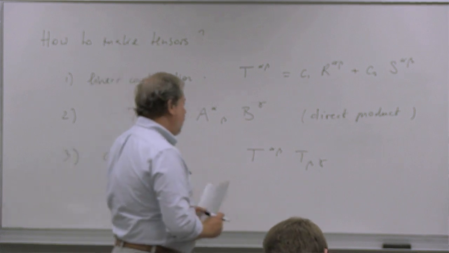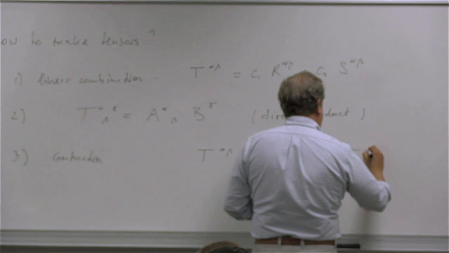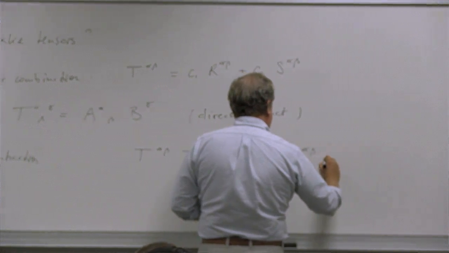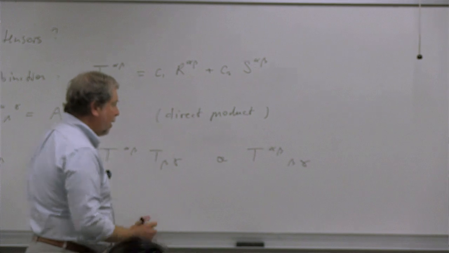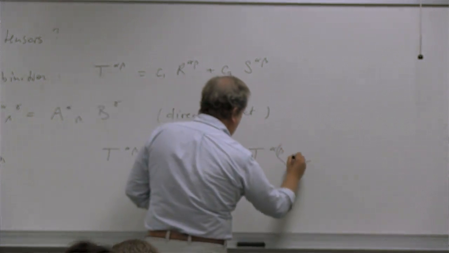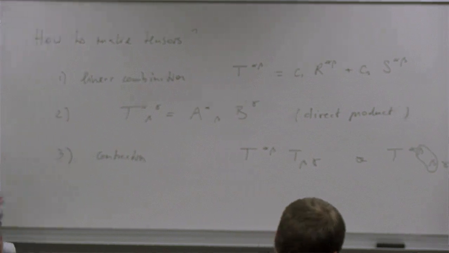And you contract the two together, or you can even take the same tensor, T alpha beta, beta gamma, and do something like this. Again, you sum over two indices, and those indices then disappear.